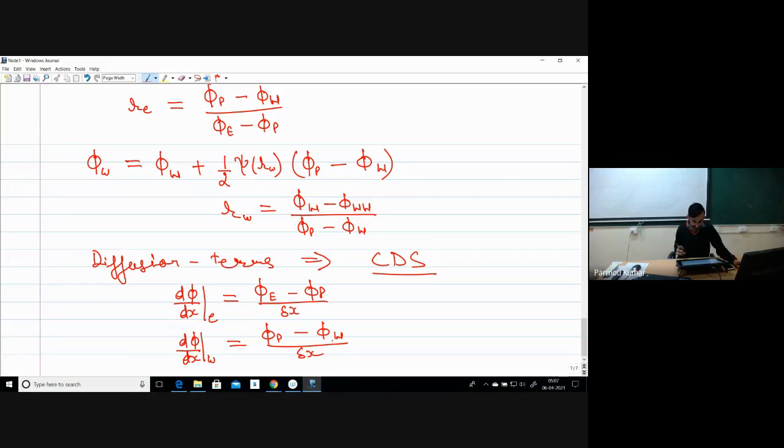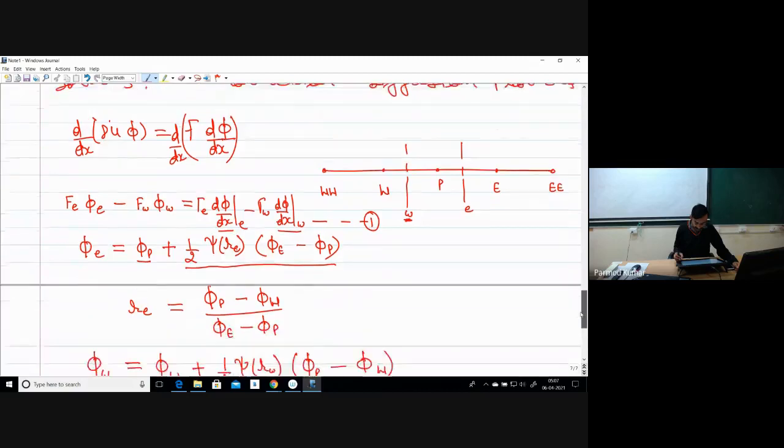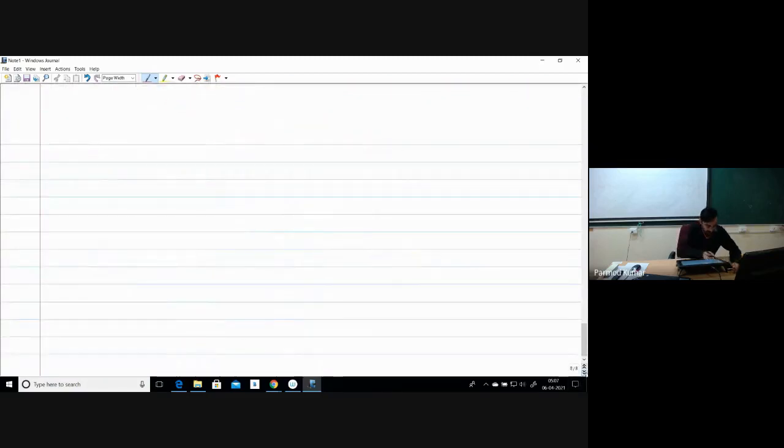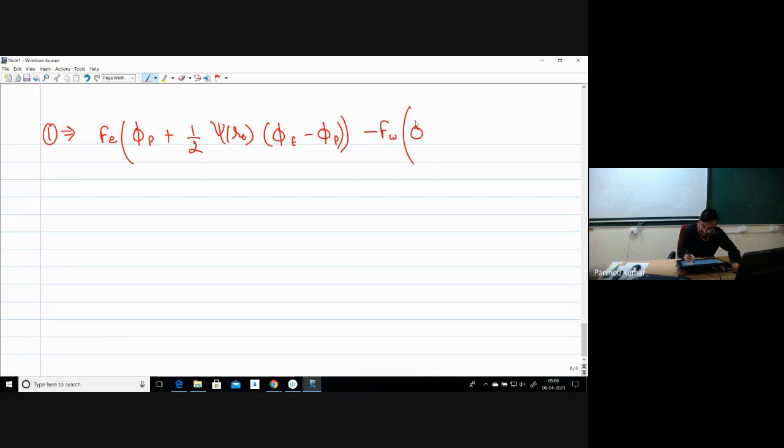Okay. Now what I will be doing, I will be substituting all these values in my equation number 1. So if I substitute in equation number 1, what I will be getting: Fe times phi P plus half of psi Re into phi E minus phi P, minus Fw into phi W plus half of psi Rw into phi P minus phi W. Is it correct?